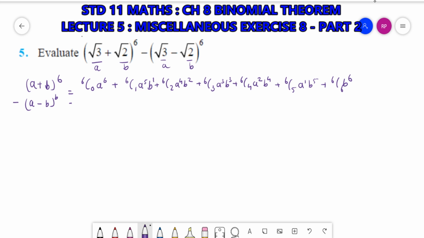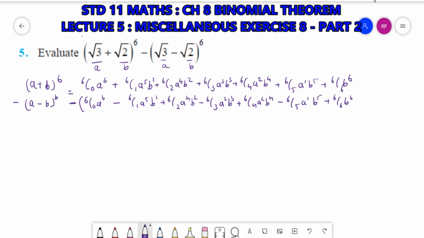Minus, and the same terms, but there is a minus, so alternate terms will have a negative sign before them. So 6C0 a raised to 6 minus 6C1 a raised to 5 b raised to 1 plus 6C2 a raised to 4 b square minus 6C3 a cube b cube plus 6C4 a square b raised to 4 minus 6C5 a raised to 1 b raised to 5 plus 6C6 b raised to 6.